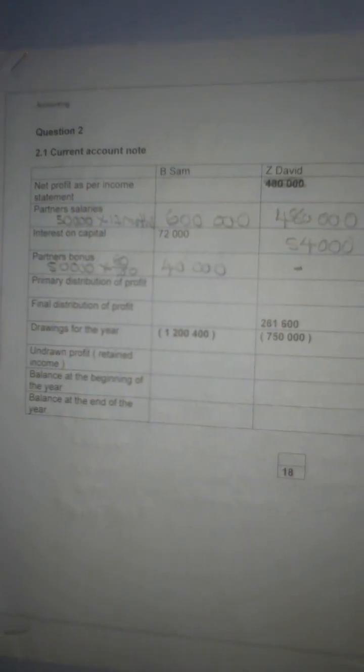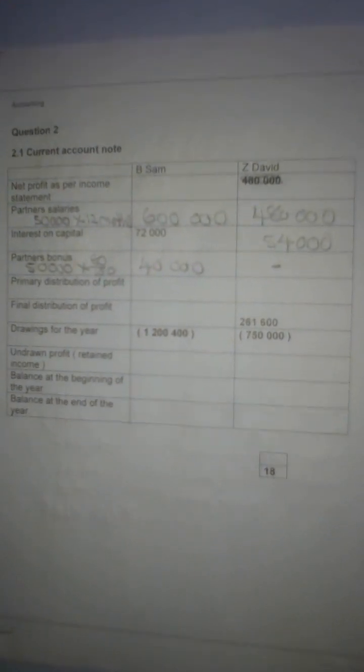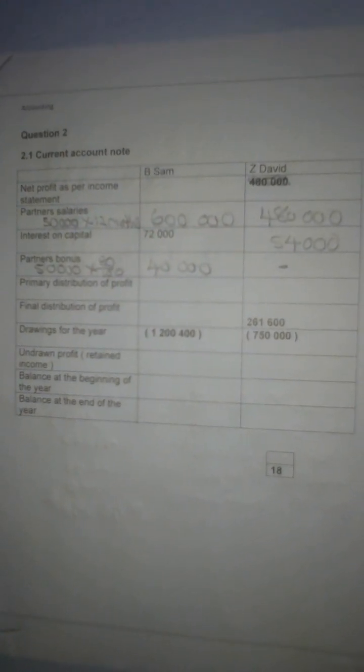Okay, now at this point that we have got our salaries, we've got the interest on capital, we've got the bonus, it means now we can actually calculate our primary distribution of profit. Remember what I said, the primary distribution of profit is made up of the salaries, the interest on capital, and the bonus if it is there. All right, let's add everything for BSAM, and we'll also do the same thing for Z David.